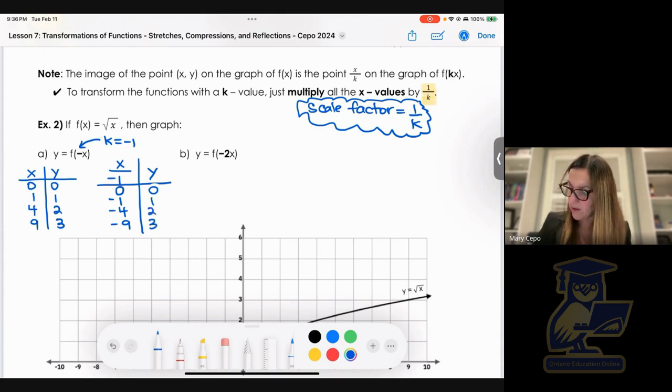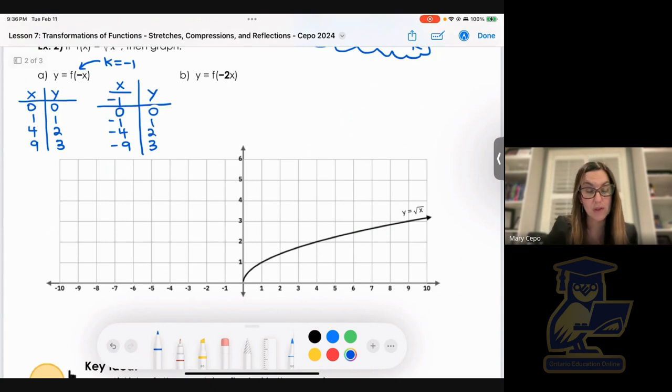And let's graph that. We do have our parent function already graphed with those key points, the (0, 0), (1, 1), (4, 2), (9, 3). If that k value is negative, how does that impact our parent function? So at (0, 0), we remain the same. When x is negative 1, y is 1.